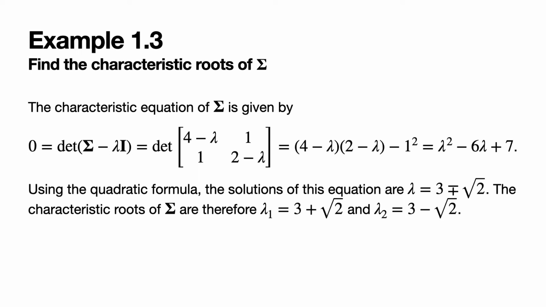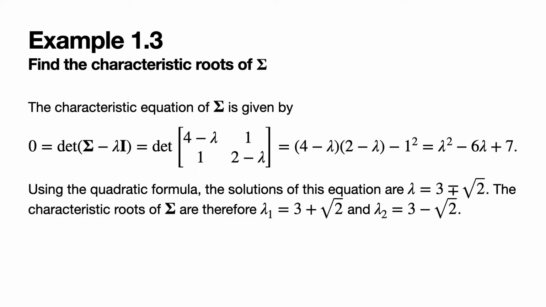So the characteristic polynomial of cap sigma is equal to the determinant of the matrix cap sigma minus lambda times the identity matrix, and the characteristic equation is obtained by setting that characteristic polynomial equal to 0.